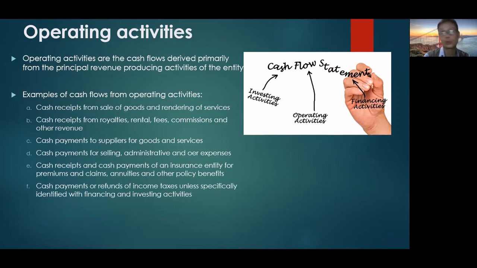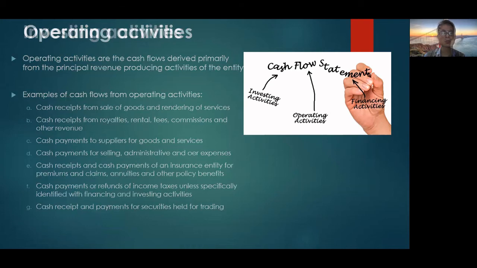So those cash payments or refunds are also considered part of the operating activities, as a deduction to the cash balance. And then cash receipts and payments for securities held for trading.